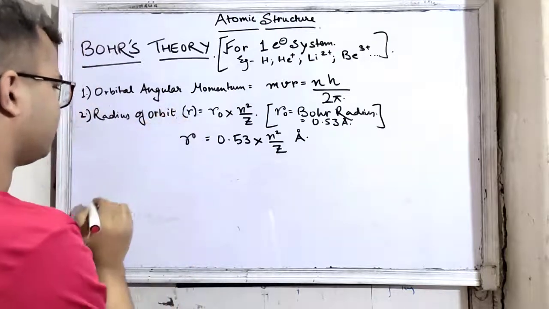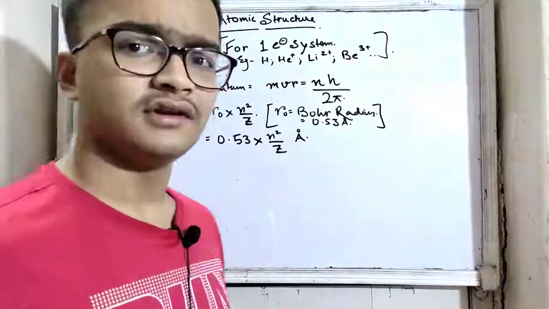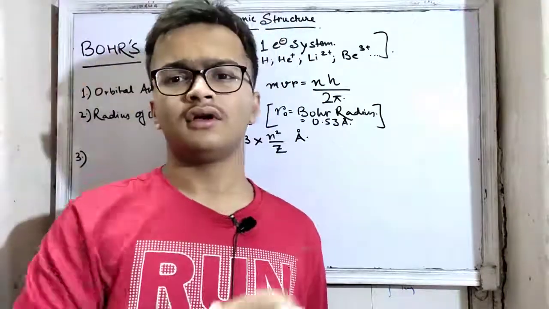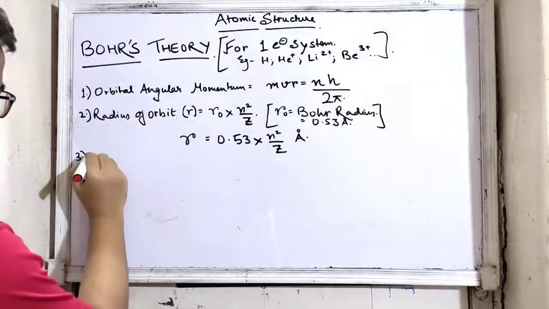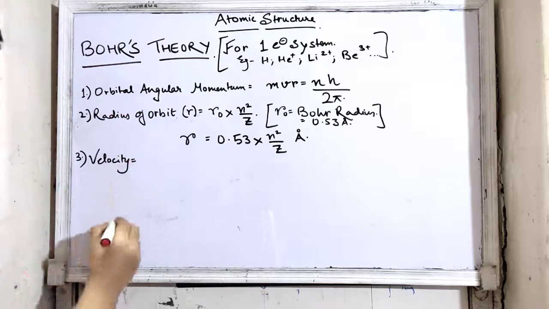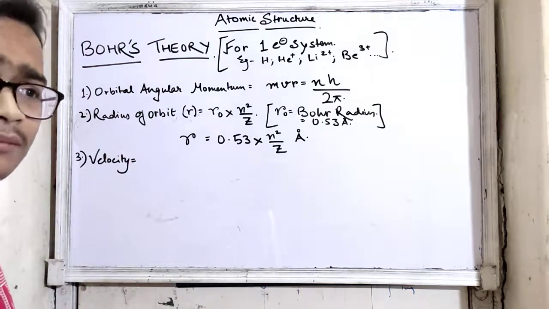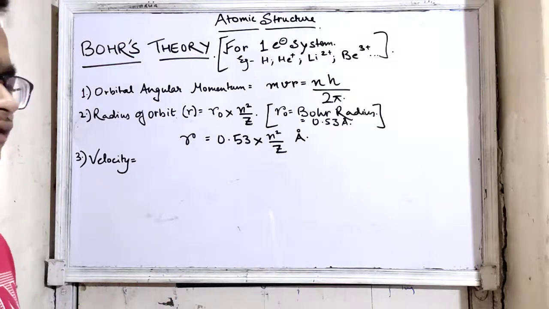Now the third thing in this category is the velocity with which the electron is rotating in the orbit. So give the heading velocity. The formula for velocity was given by Bohr by performing various derivations. I told you that he was a great mathematician.